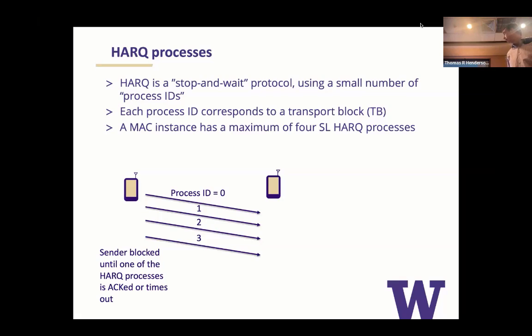The grant is mapped to a process ID. And a MAC instance has a maximum of 4 processes. So while it's trying to get an ACK for this one, it can only send 3 other transport blocks until it basically has to wait for one of these process IDs to clear. So these process IDs can then be reused if the transport block is ACKed or else if it times out.